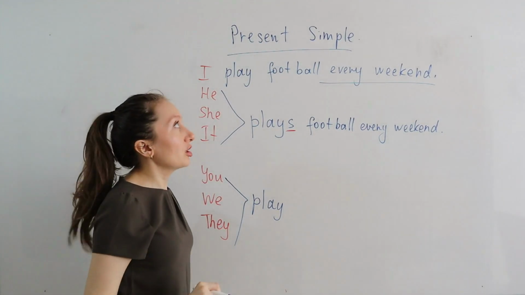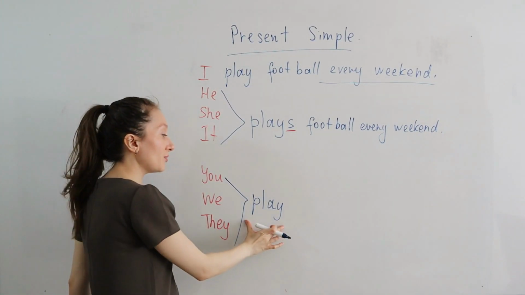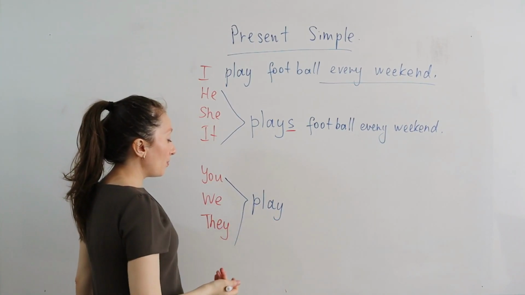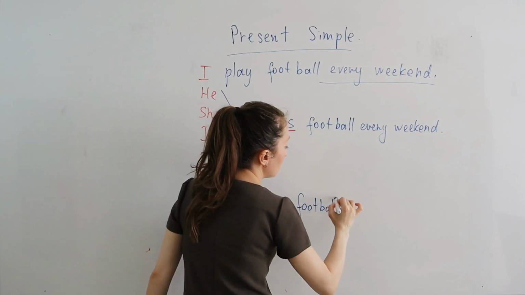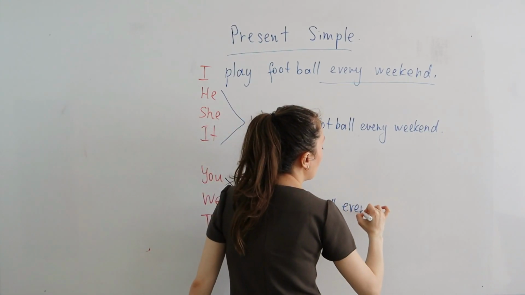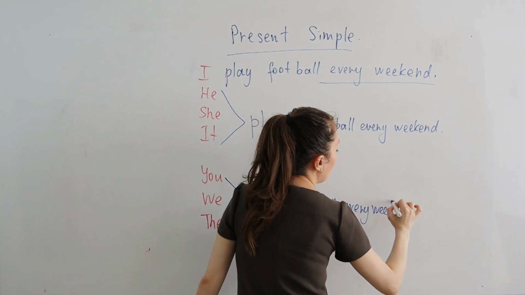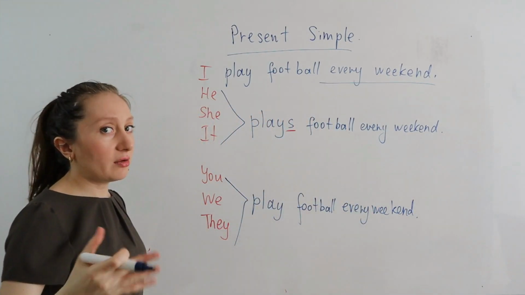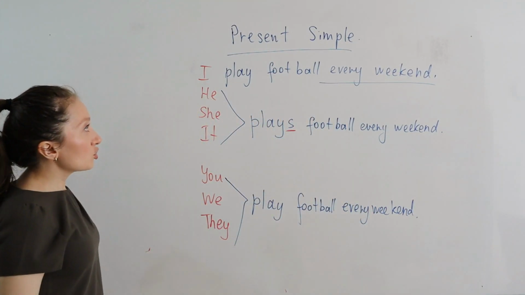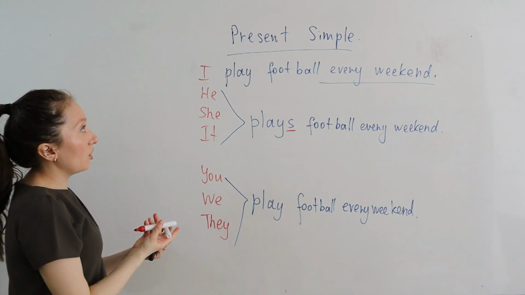And very easy for all the other pronouns, we as usual use just the verb, simple verb. That's why maybe we call it present simple. You just add simple verb. You play, we play, they play football. The same sentence. Every weekend. Or every day, every evening, every morning, and so on. So what is the main thing here?